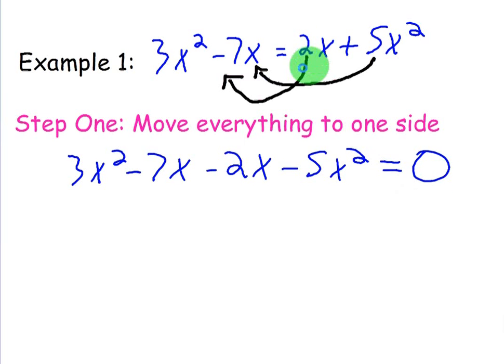So you subtract 2x, because it's positive here, and you subtract 5x squared because it's positive. Somebody asked us yesterday, if it was negative, you would add it. So just move everything to one side, and you can combine in the same step. Doesn't matter to me. You can make it minus 9x, negative 2x squared, that's fine. Sometimes I do it in a separate step.